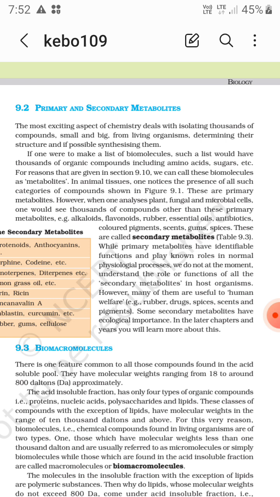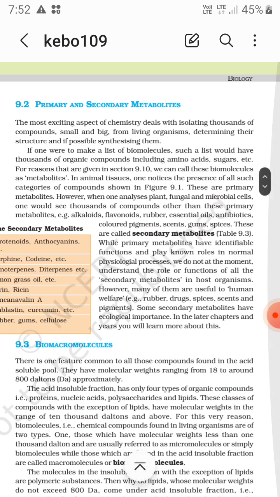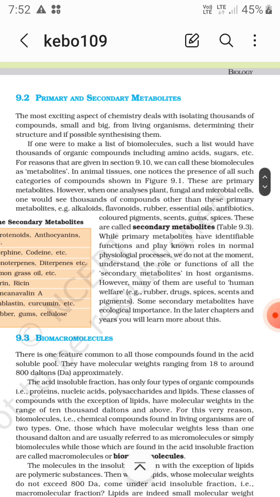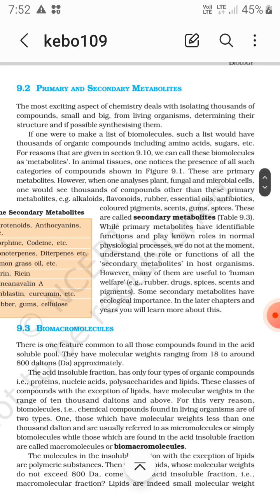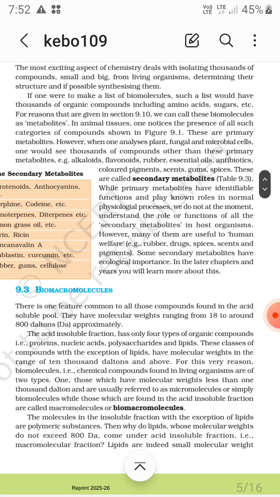Examples are alkaloids, flavonoids, rubber, essential oils, antibiotics, colored pigments, scents, gums, and spices. These are secondary metabolites. I repeat again: other than the primary metabolites, there are alkaloids, flavonoids, rubber, essential oils, antibiotics, colored pigments, scents, gums and spices. These are secondary metabolites.